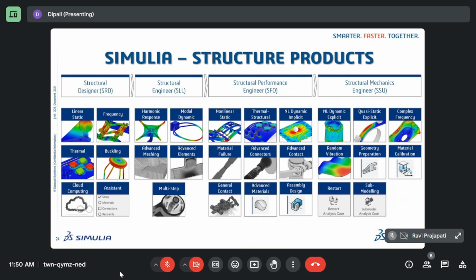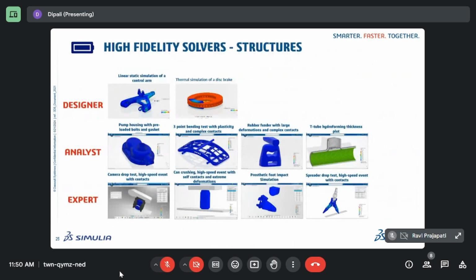Now these solvers used by these roles are Abaqus technology, which is a world-leading technology in structural simulations, specifically in non-linear simulation, and non-linear simulation with various kinds of rubber products or other multi-physics involved in that particular structure, such as explicit dynamic simulation, like car crash tests or something, bullet impact or bird strike on structures.